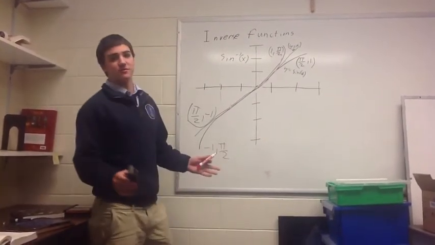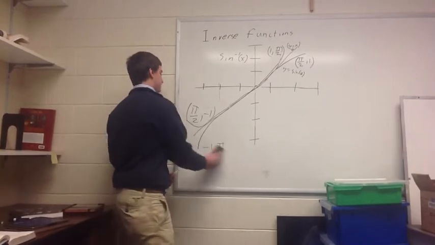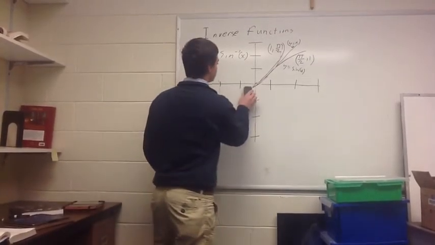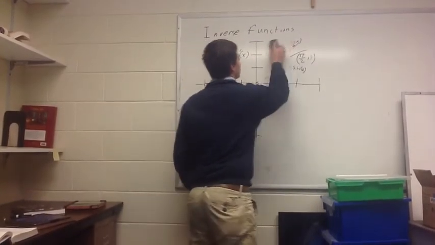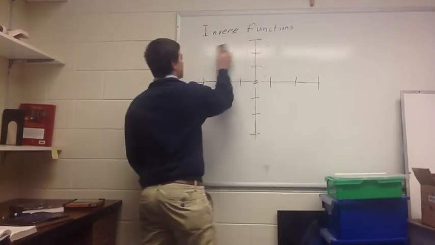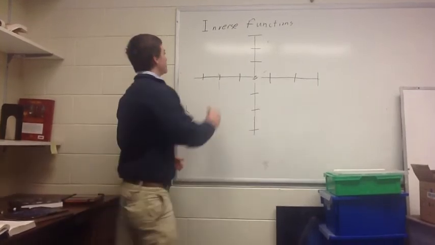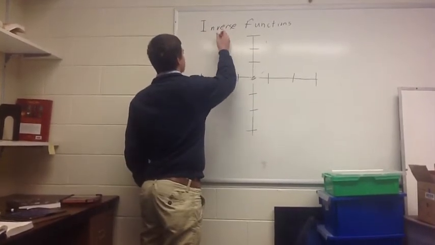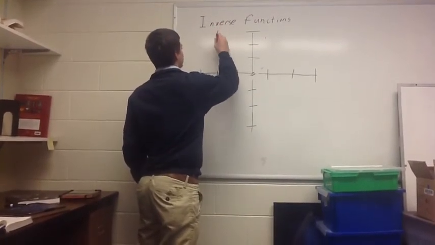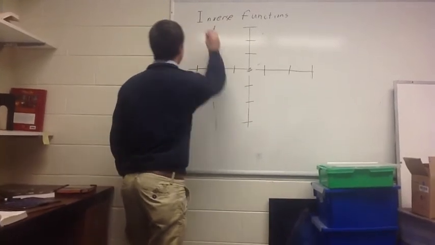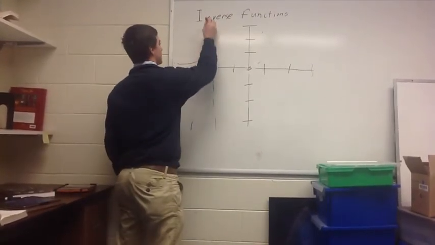Now I'm going to show you the difference between tan and arctan. Now tan is obviously on a different scale as sine. So, for tan, as it is approaching this line, you start off like this.